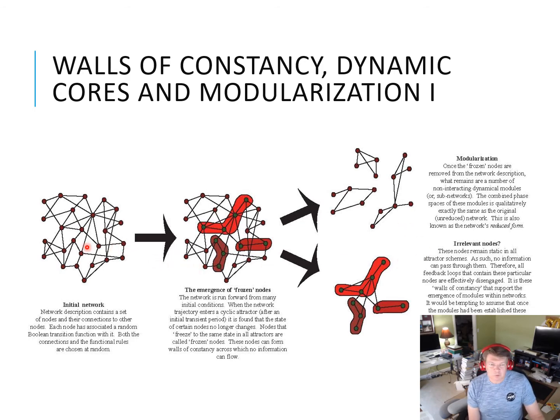So going from here to here, this is the full form of the network, but this is known as the reduced form. This is a simplified version of the network. It could also be called the dynamic core, because we still have feedback loops going here.